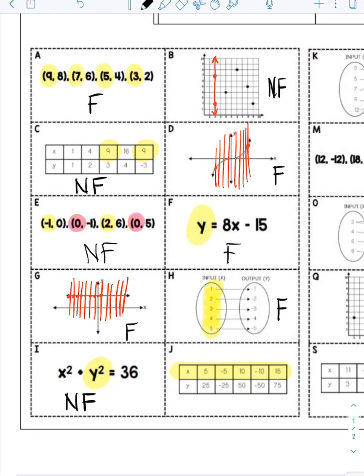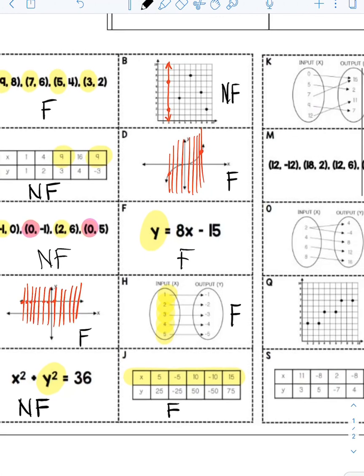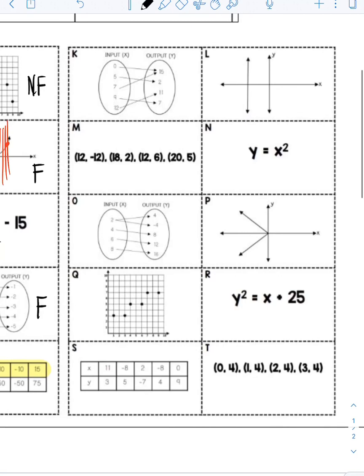X doesn't repeat anywhere, so this is a function. K. When I have a map, I want to look at my input values. And I notice that each number only has one line coming out of it, so this is a function.